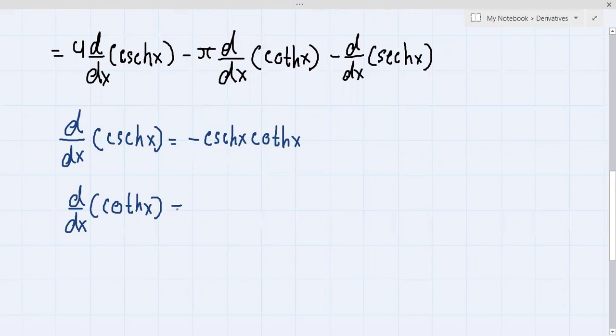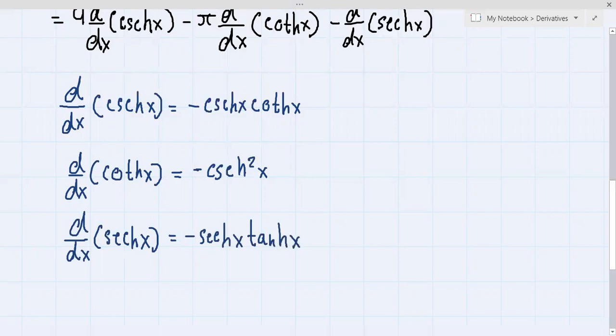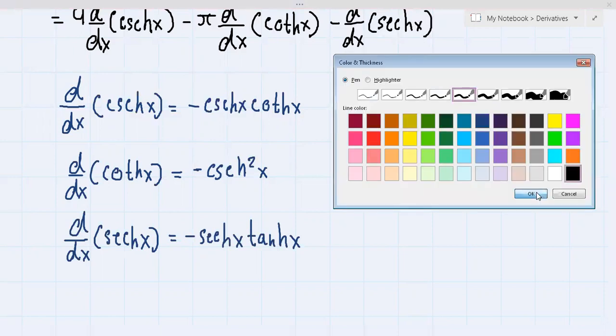This is negative cosecant h squared x. And last but not least, the derivative of secant hx, as you remember from earlier, is negative secant hx times tangent hx. Now we can evaluate.